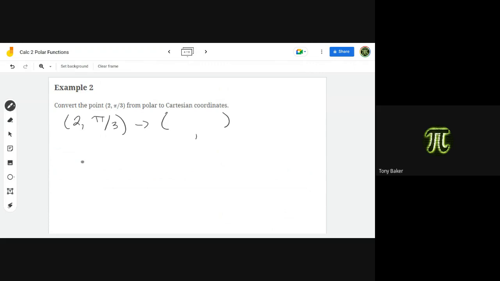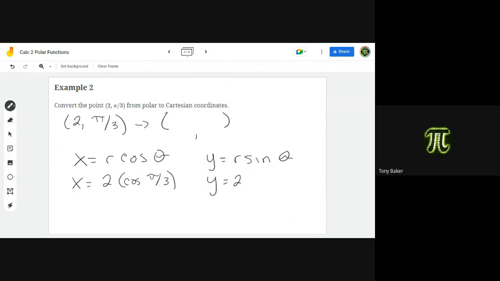So we remember, x was r cosine theta and y was r sine theta. So x is 2 times cosine of pi over 3, and y is 2 times sine of pi over 3. So what is cosine of pi over 3?